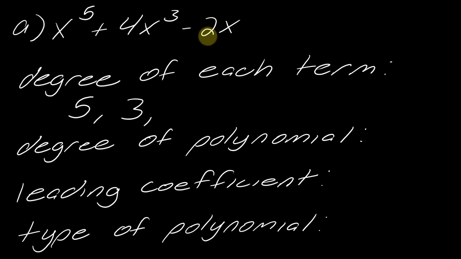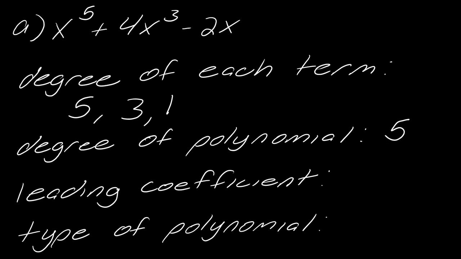And then the degree of negative 2x, well, this has that invisible 1 exponent, so that last degree would be 1. So I want you to list out the degree of each term, just so you have a second to think about that. And then the degree of the polynomial is the highest degree that we have here. So in this case, it would be 5. Okay, so that's how you find the degree of a polynomial.